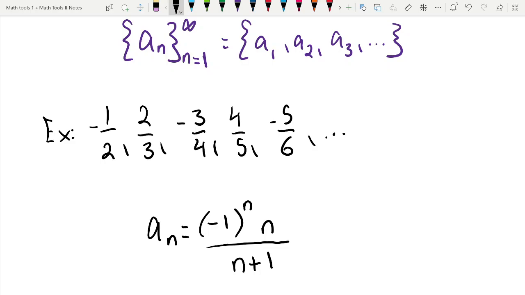So why would we even bother coming up with these formulas? Well, this is going to allow us to find what this sequence converges to, if anything. We can do this simply by taking a limit, and we'll look at that in a separate video, but just think about if we took the limit as n goes to infinity here, we might be able to see whether this is converging to a number or not.